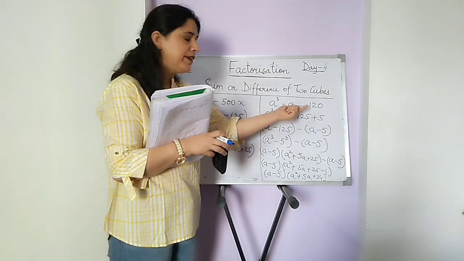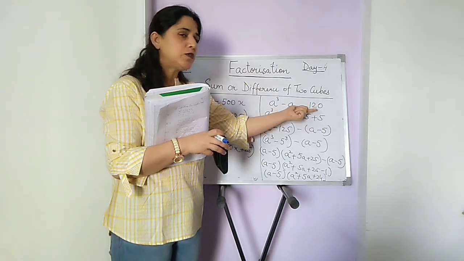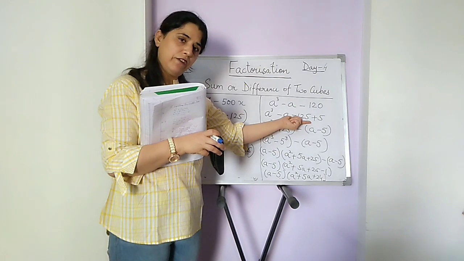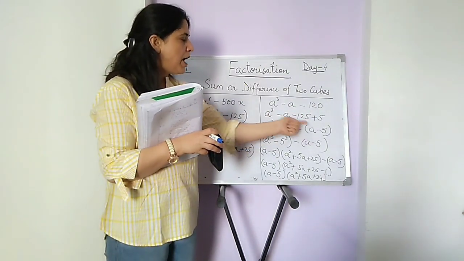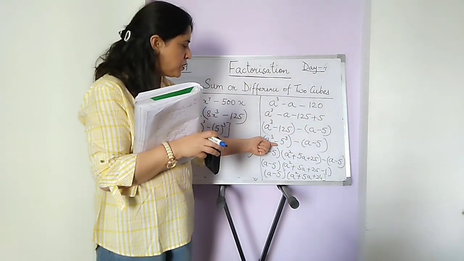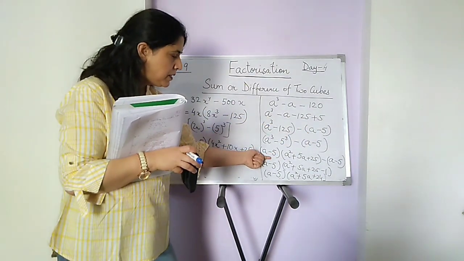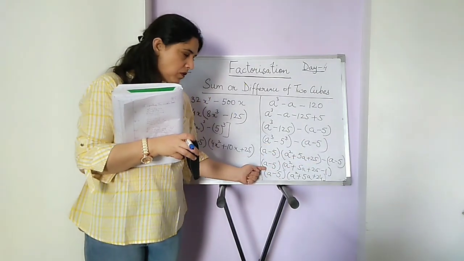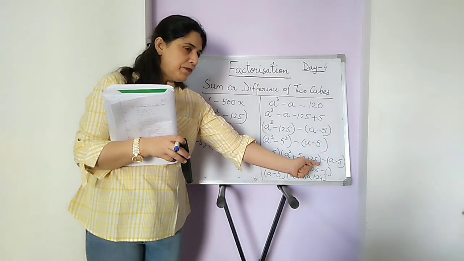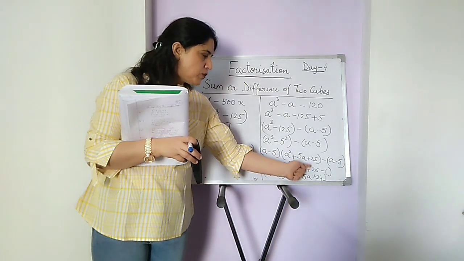I will take out the answer of this. So minus 120 is written as minus 125 plus 5, and then I have taken these two together. This is of this form. Then the factorized form of this, we get a minus 5 as the common bracket. What goes in the other bracket is a square plus 5a plus 25.